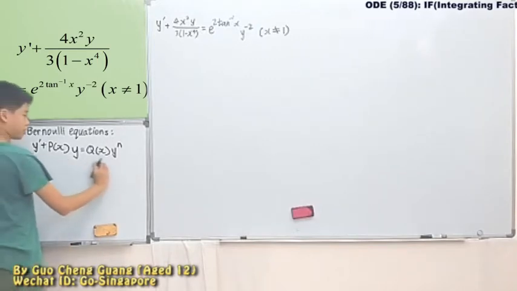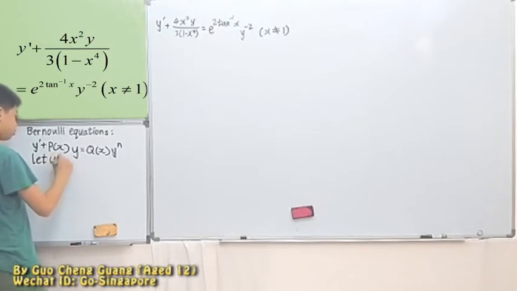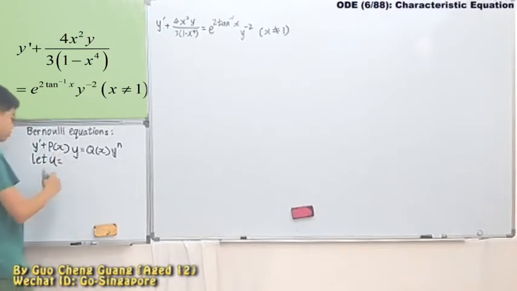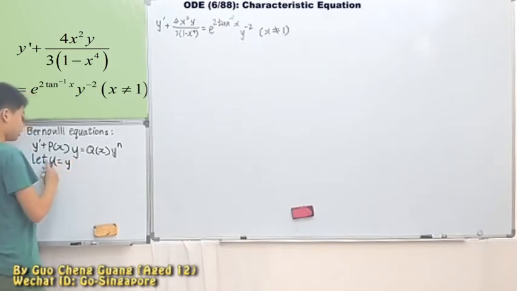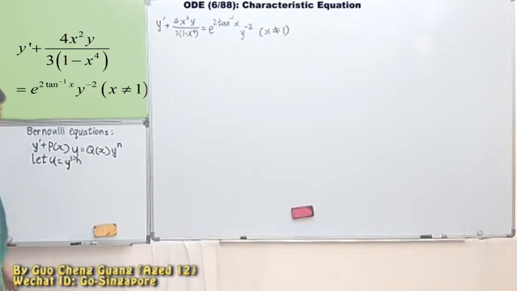But for this type of equations, how can we solve it? We have to let u be y to the power of 1 minus n. So let's try over here.